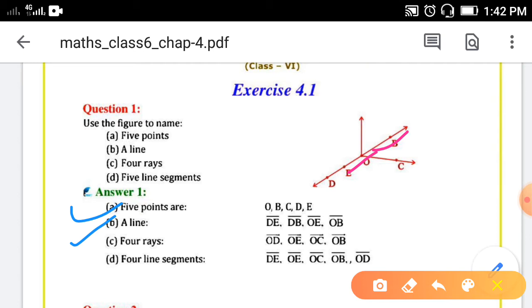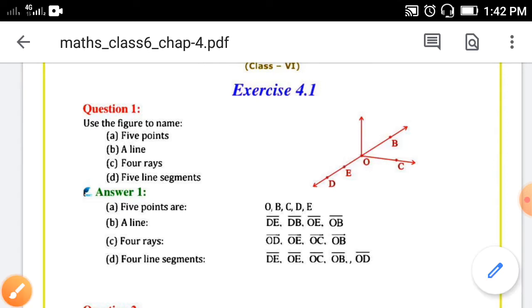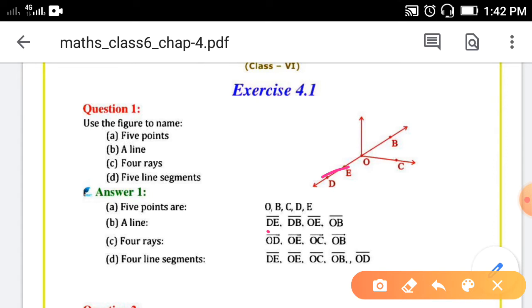So here are the names of the lines: DE, DB, then OE and OB. Here you can write ED also instead of DE. You can write BD instead of DB also.